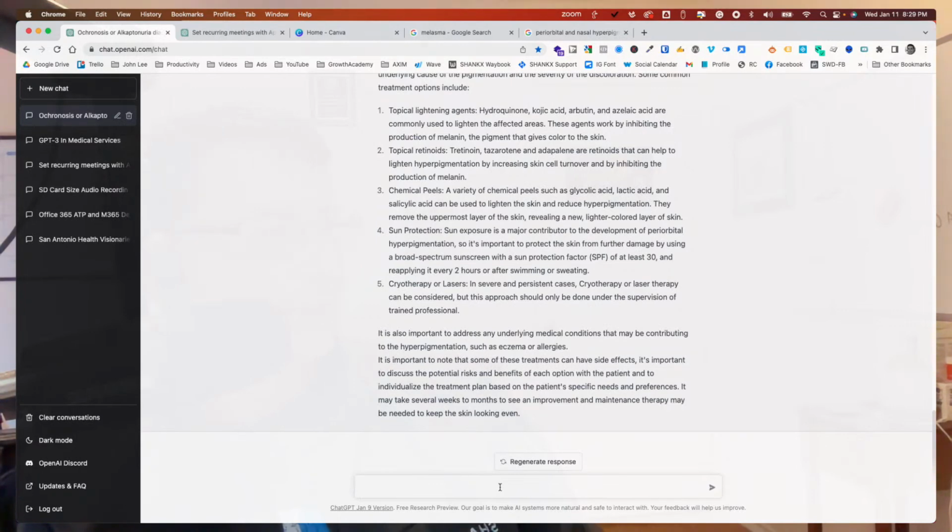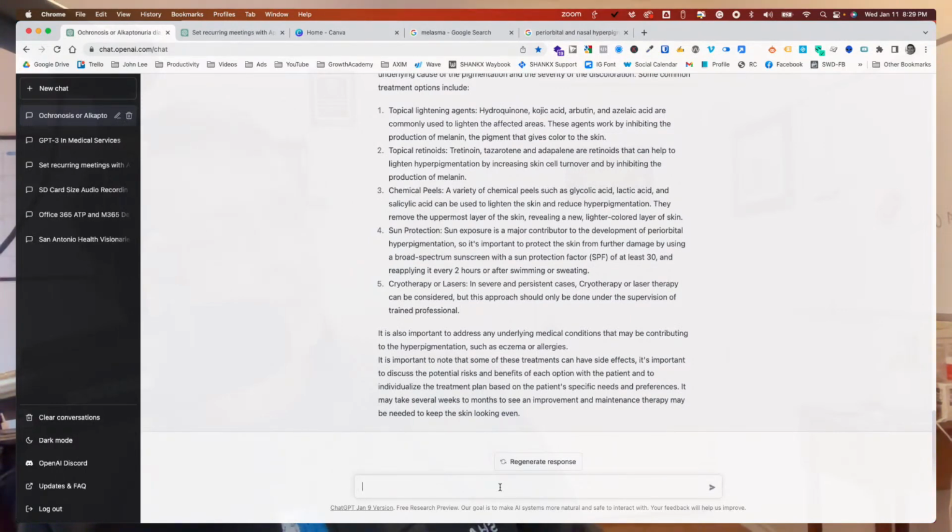Let's see. Sun protection, okay, very important here in Texas. Cryotherapy. In severe and persistent cases, cryotherapy or laser therapy can be considered, but this approach should only be done under the supervision of a trained professional. Okay, so chemical peels, topical retinoids, and lightening agents.